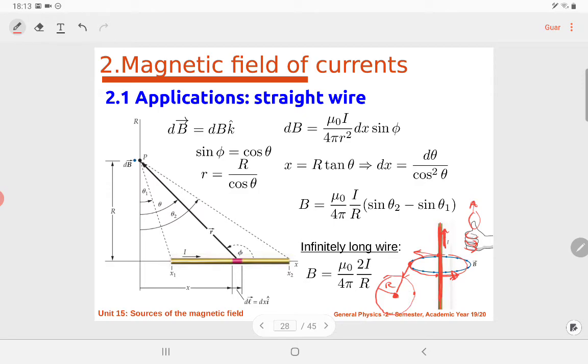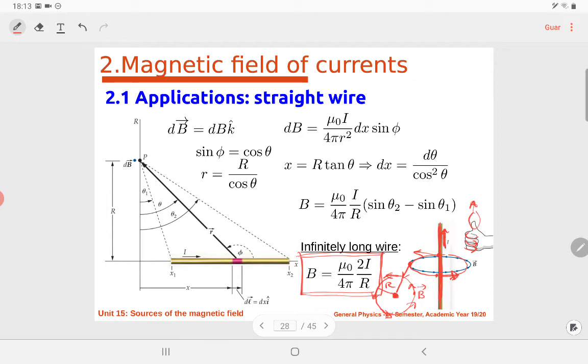If you put your hand so that your thumb is going out of the screen, then your fingers will be holding this wire, giving you this direction. So this is the direction of the magnetic field provided by a current going out of the screen, and the magnitude is given by this expression. This is what I want you to remember.